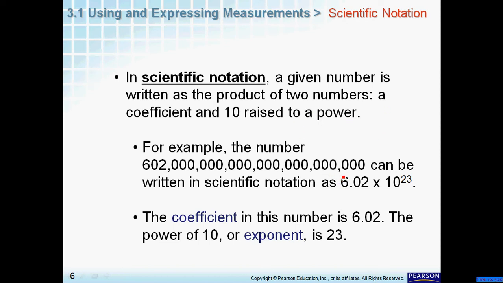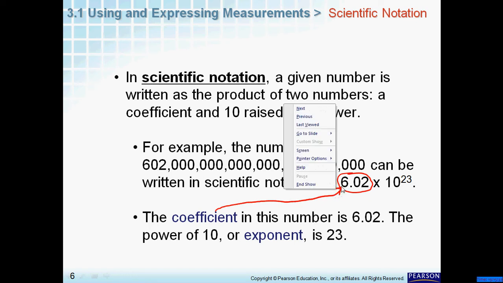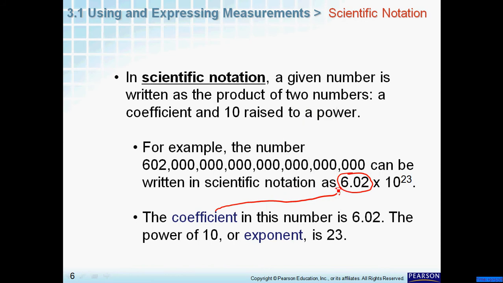The first part is called the coefficient. The coefficient is the number before the times 10. We have this number here in scientific notation, and it's 6.02 times 10 to the 23rd power. The coefficient is the first part.